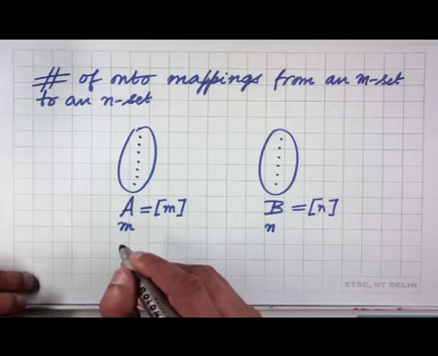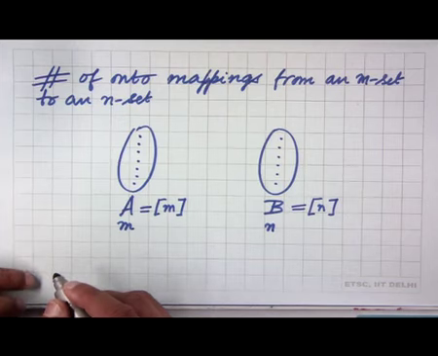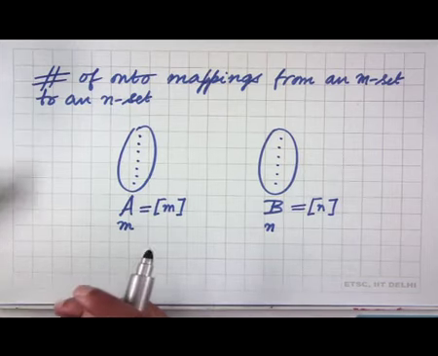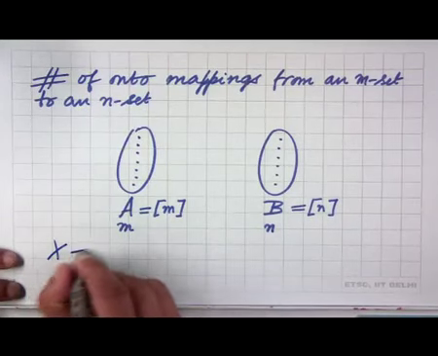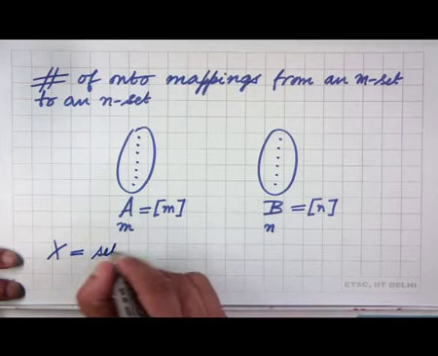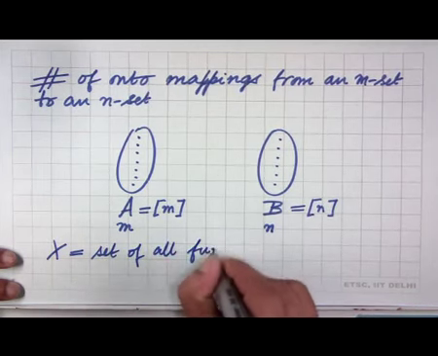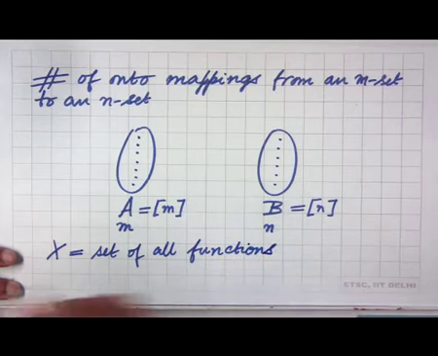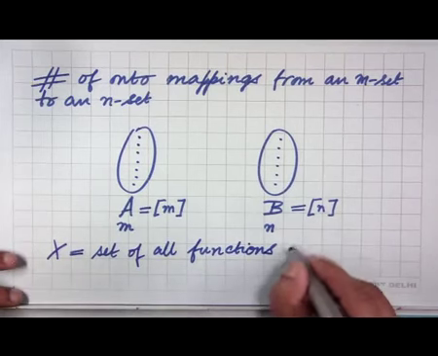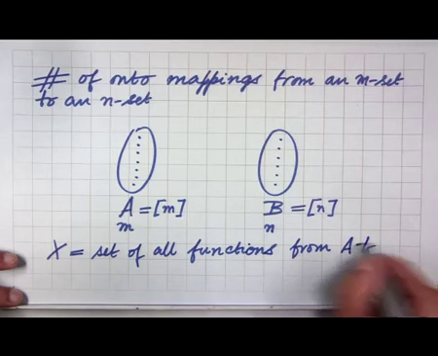So we must first and foremost decide what is X and what are the sets A_i. Well, maybe I can write it right here. For X, I use the set of all functions. I've used the terminology mappings and functions interchangeably. Set of all functions from the set A to the set B.